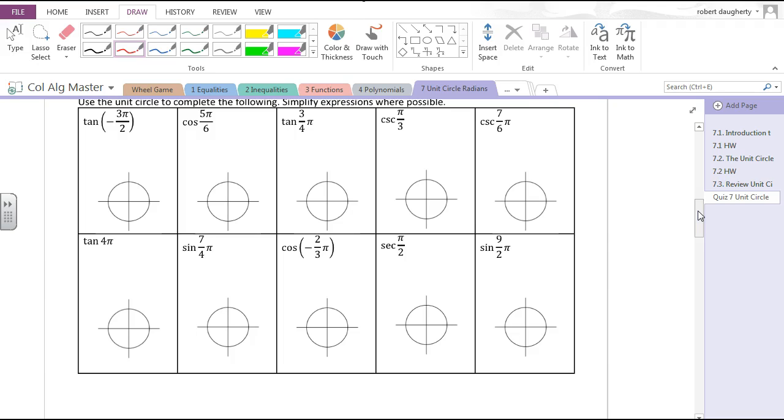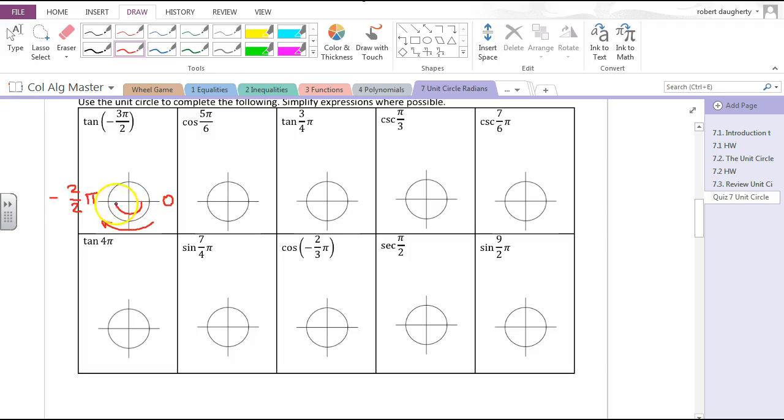So these are all the same problems you just did. They're converted to radians. So tangent of negative 3/2 pi. We're going to need to find the angle negative 3/2 pi. Here's 0. If I go in a negative direction, this is negative pi. You can think of it as negative 2 over 2 pi. And so if I'm going in this direction, I have to go pi over 2 further than that to get to negative 3/2 pi.